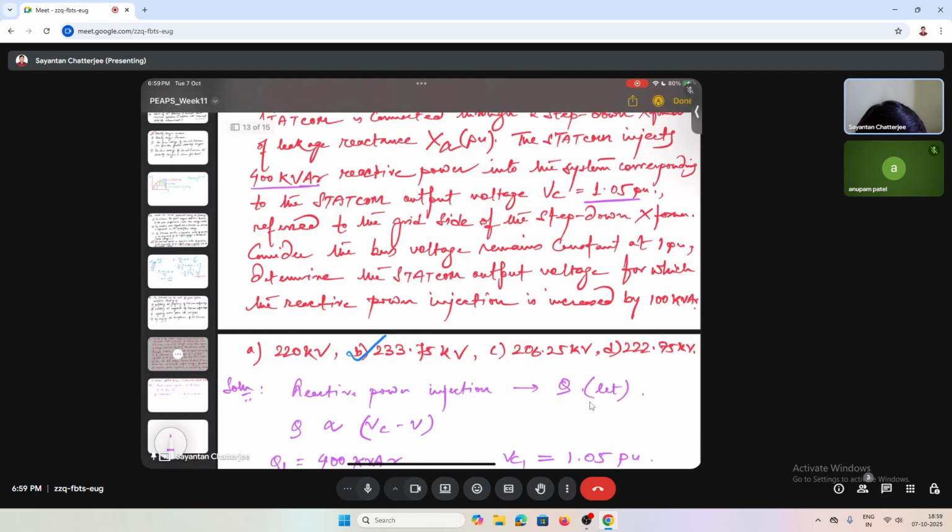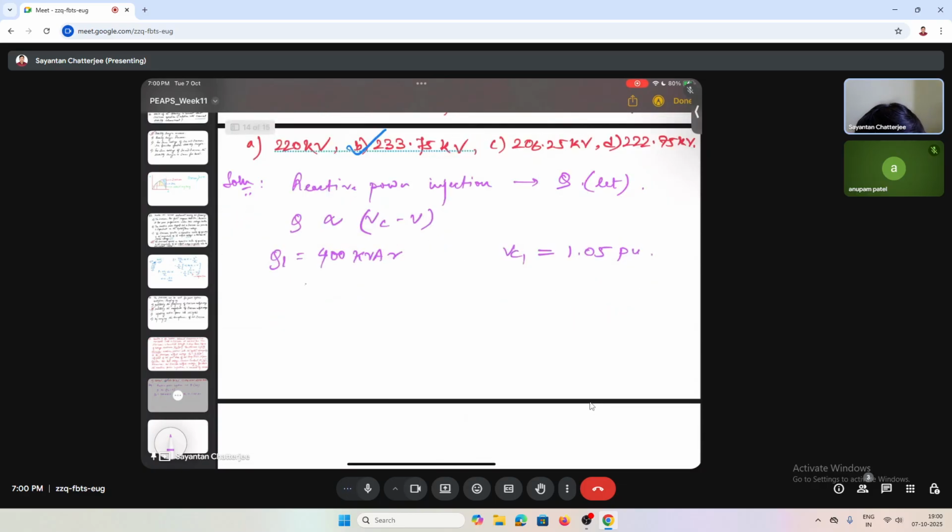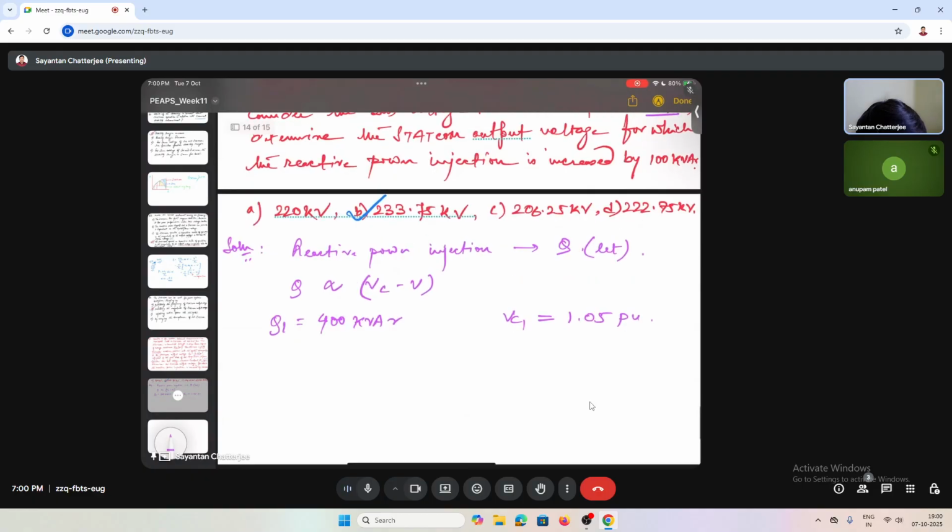Now consider the bus voltage to be maintained at 1 per unit, so V is this one. So we can directly write now. This increases by 100 kVAR, so now Q2 is 500.